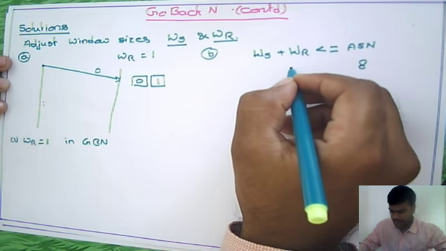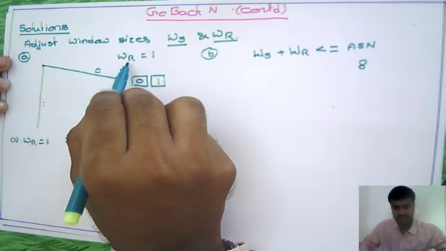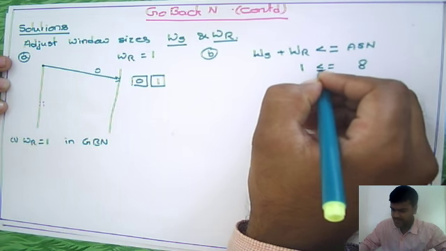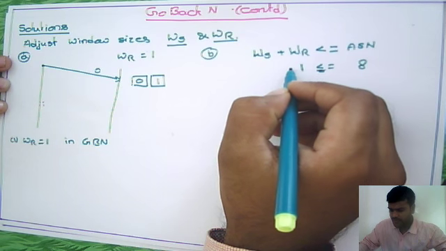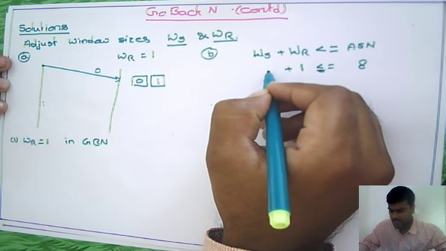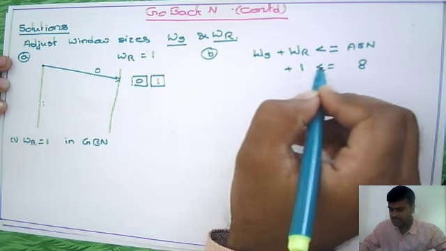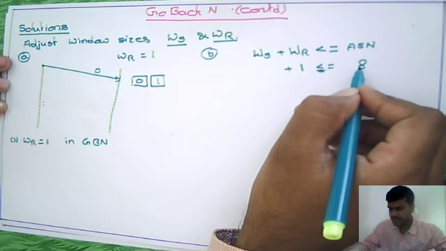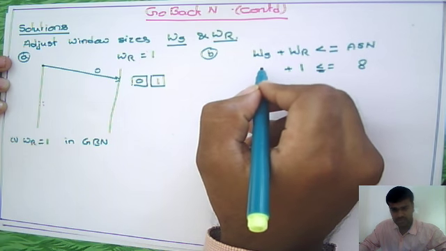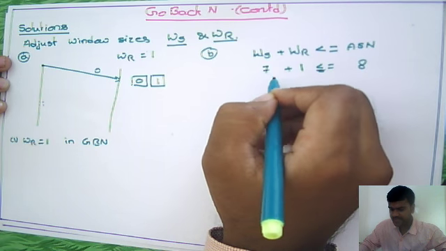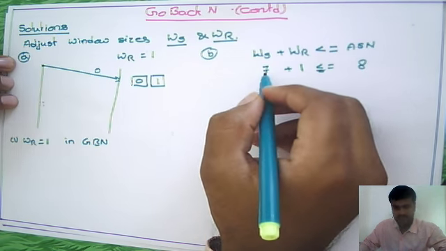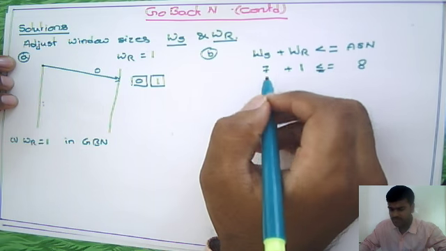We already fixed the window size of the receiver as 1, so this should always be 1, and the sender is either 7 or 8, but it should not be 8. 8 plus 1 is 9, and 9 less than or equal to 8 is not satisfied, so it should be less than or equal to 7. So it is taken as window size 7. Now assume that we have selected 7 as the window size of the sender.